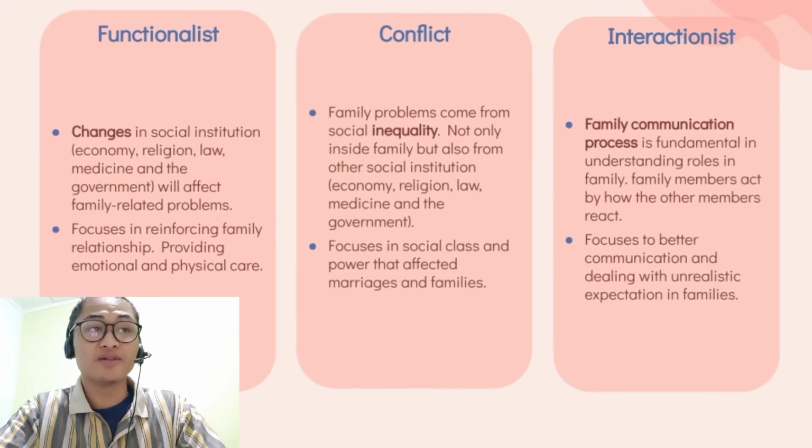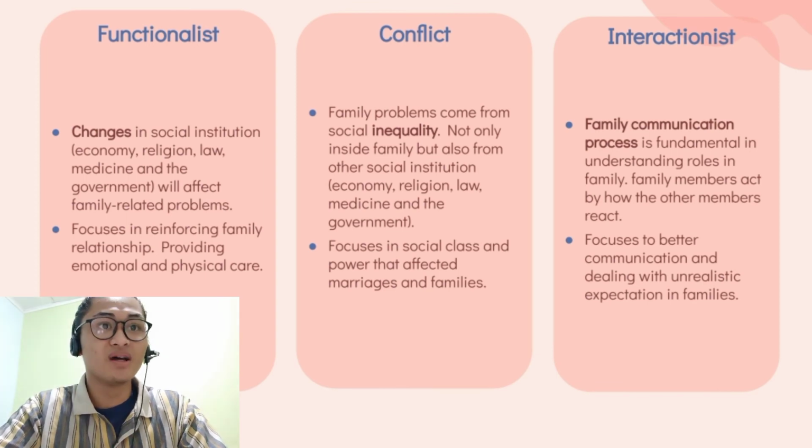There are three perspectives on family-related problems: functionalist, conflict, and symbolic interactionist. Functionalists view change in social institutions, economy, religion, education, law, medicine, and the government as affecting family-related problems.